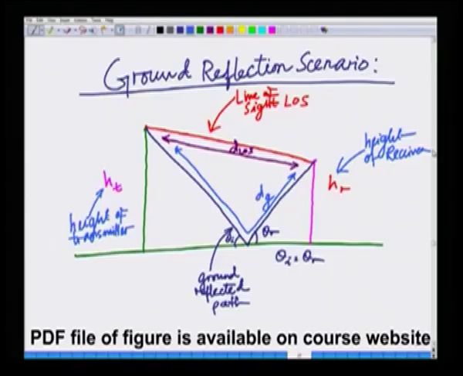And so, we have two paths now. One is the LOS path, let us say the field at the receiver along this path is E LOS, and the field along the other path, coming from the ground reflected path, let us say is E G. Further, let us denote the horizontal distance between the transmitter and the receiver by d.